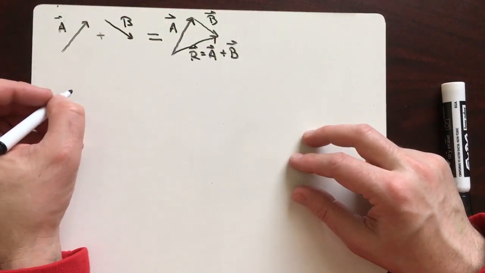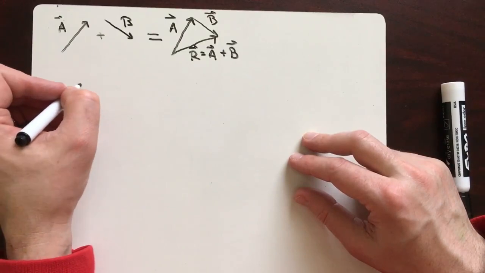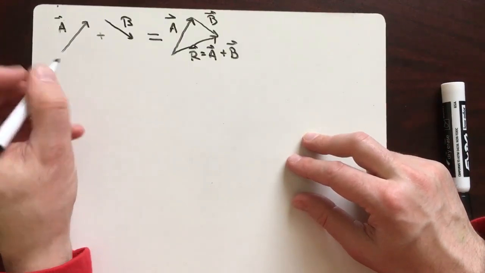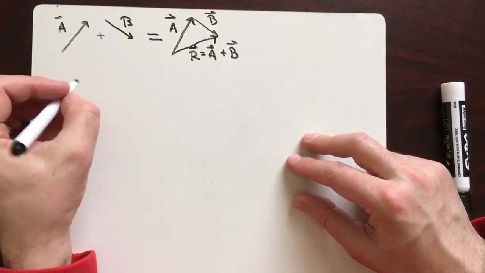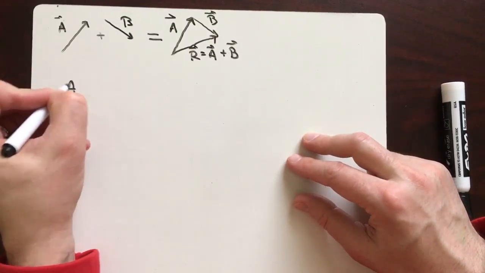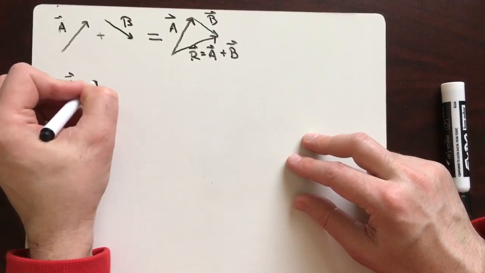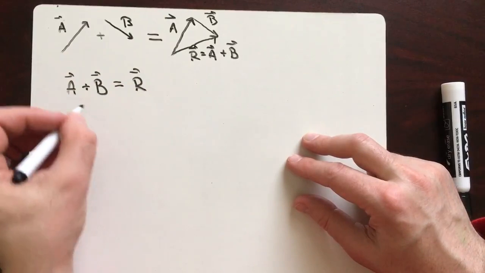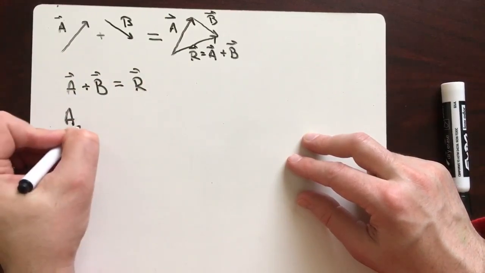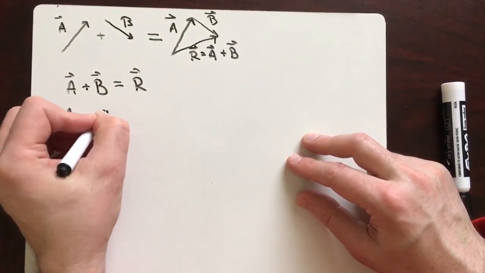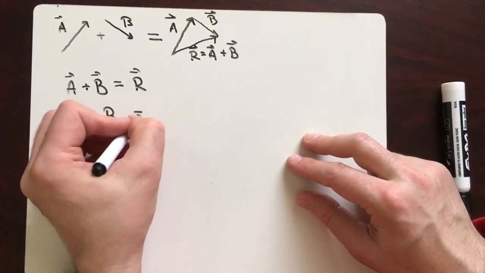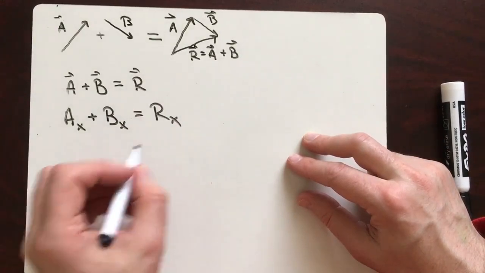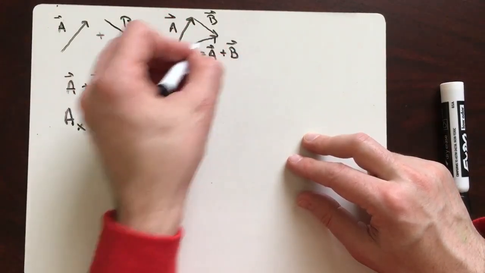A better way to do it is to break these vectors into components. And if we do that, then what we see is that what we're adding is the x components and the y components. So if I'm taking A plus B to get this resultant, what I need to recognize is that means I'm doing A sub x plus B sub x, and that's going to equal the x component of the resultant, so the x component of this vector here.